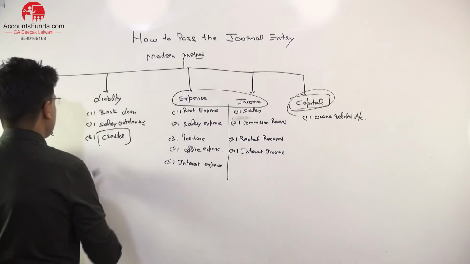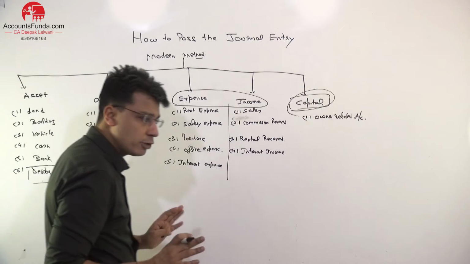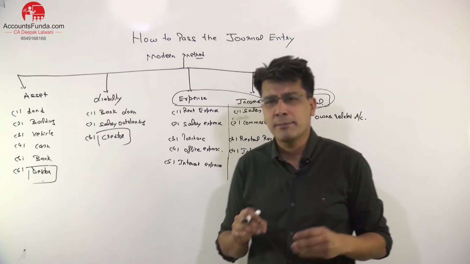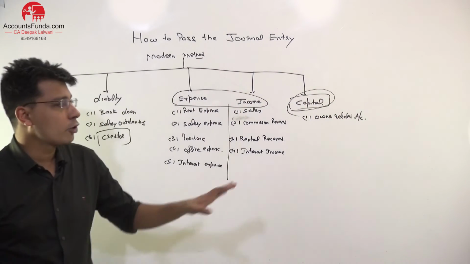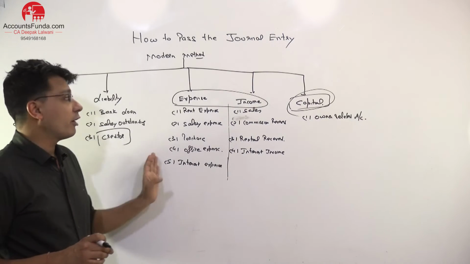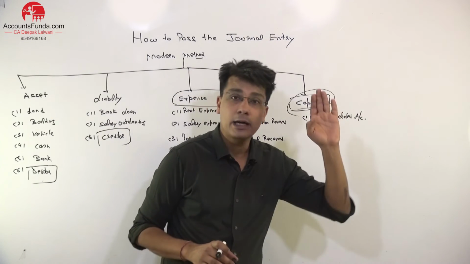So in a business, you need to have only 5 different headings. All the accounts the business operates, be it rental, stationery, traveling, or advertisement expenses, will be grouped under these 5 headings only. Either it will be an asset, or it will be a liability. It can be either an expense, or an income, or a capital.